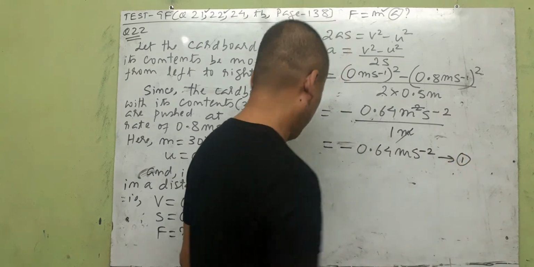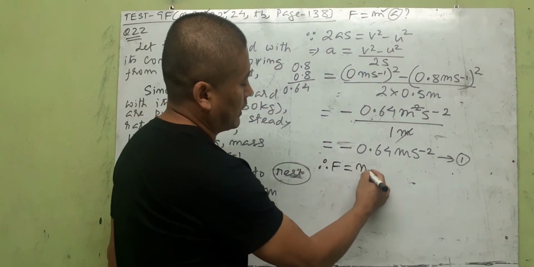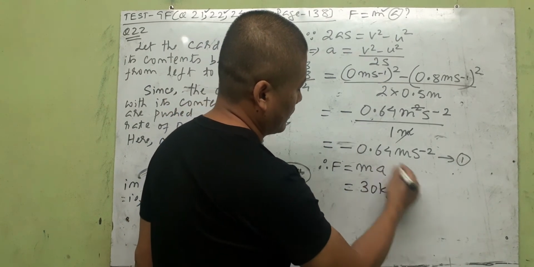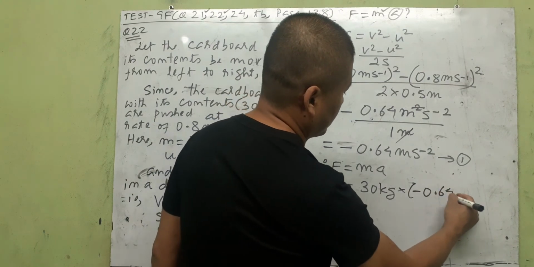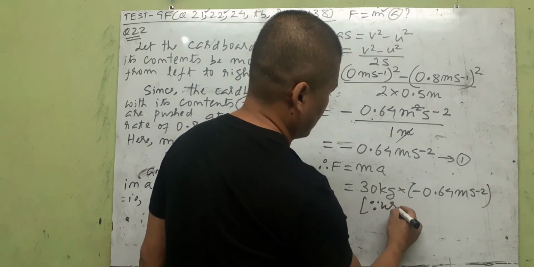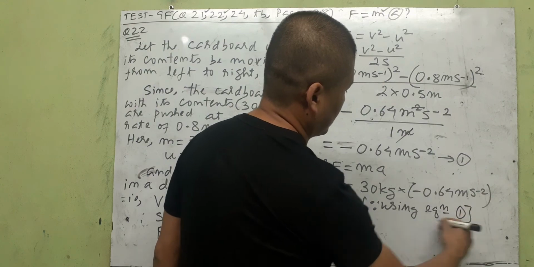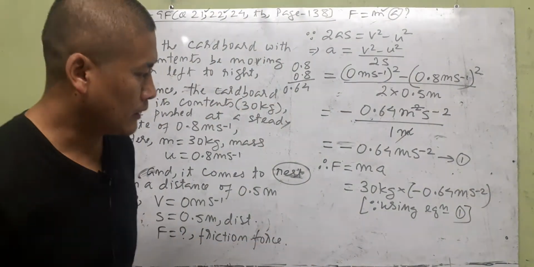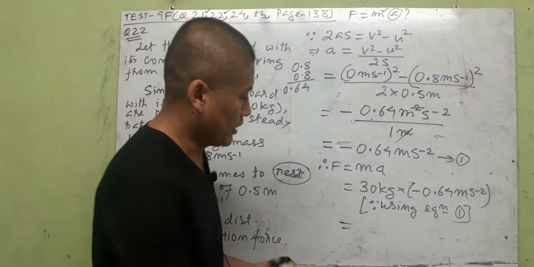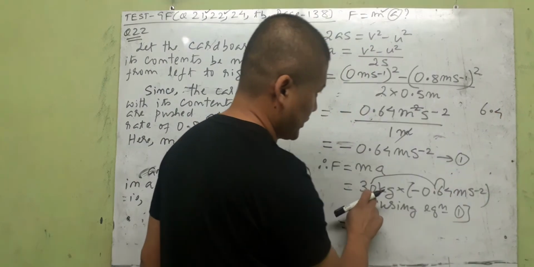Equation number 1, you can put that if you want. Therefore, friction force, M into A, can be written as 30 kg into minus 0.64 meter per second squared, using equation number 1. Multiplying 0 with this, the symbol moves between 6 and 4, 6.4, no more 0.